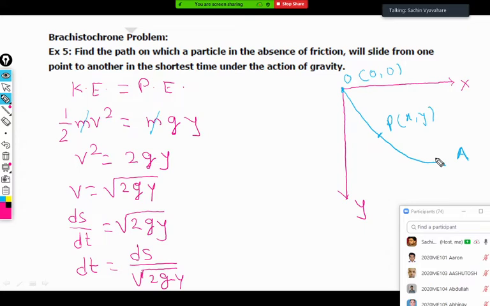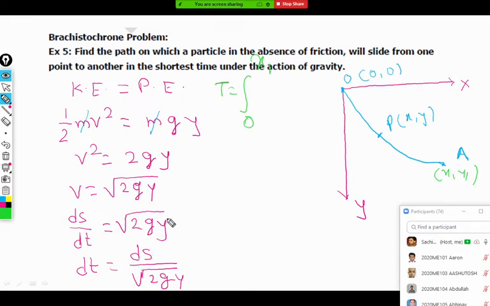So the time T is the integral from 0, because this is the original position at time t = 0, to the extreme point that we have. Suppose the coordinates of A are (x1, y1). So 0 to x1, because we are converting everything into x now.